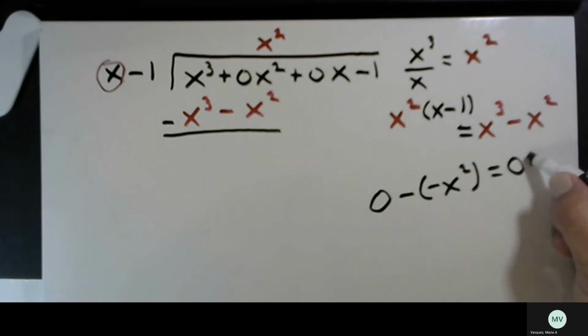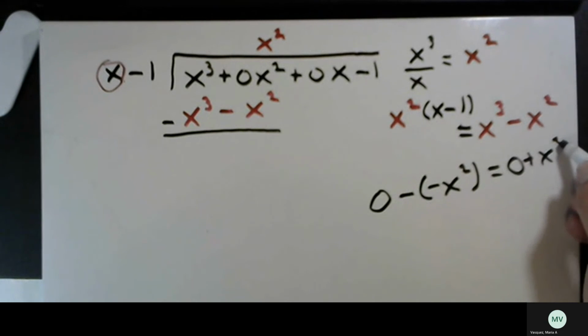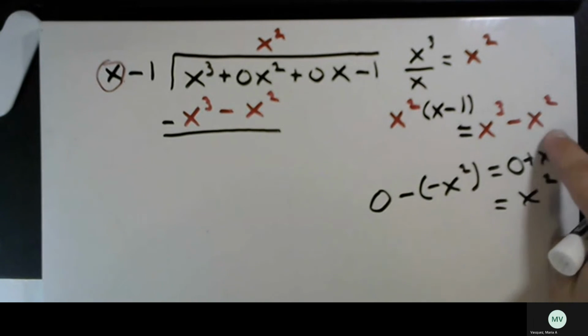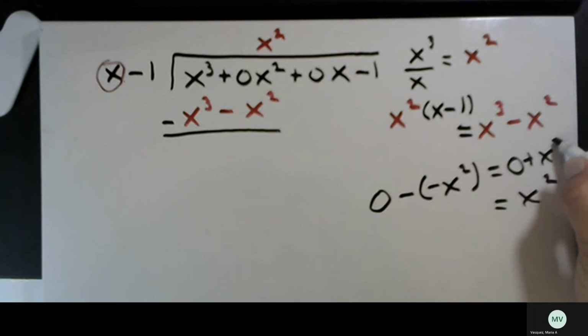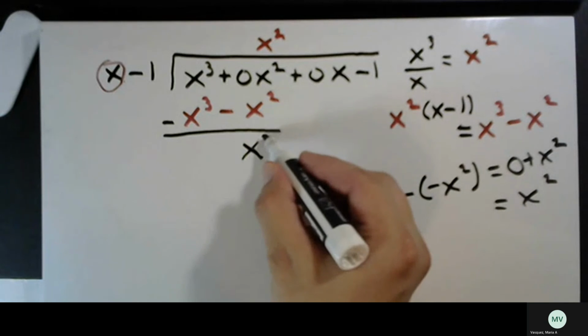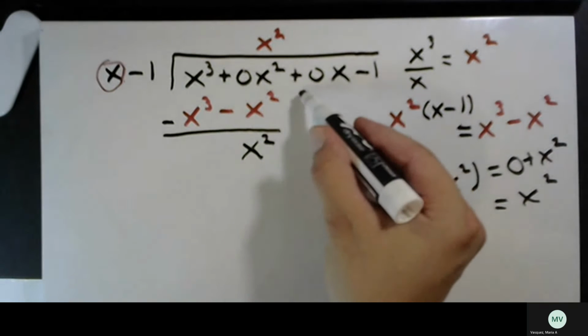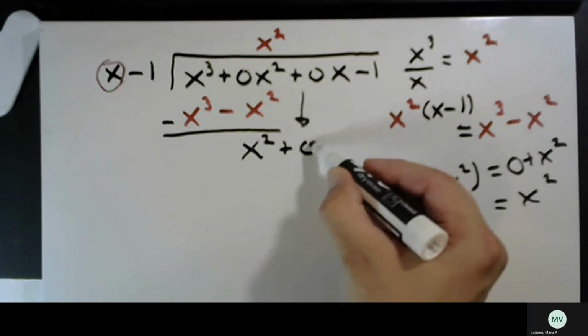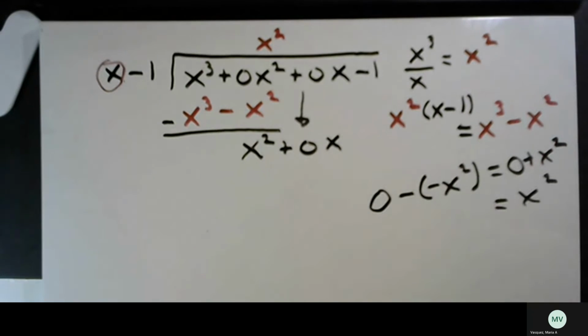So this becomes 0 plus x squared, or just x squared. Bring down the next term, and then that's the end of our first cycle of division. So any questions?